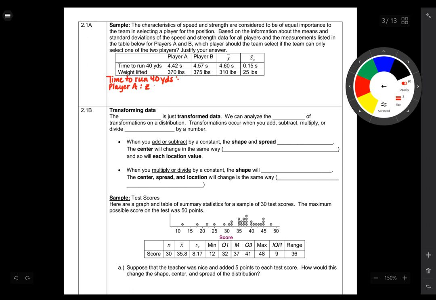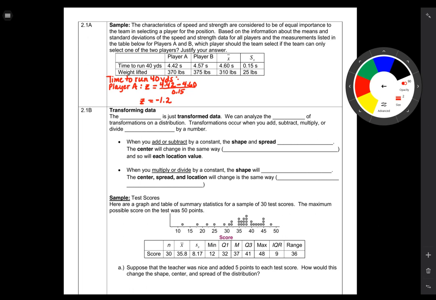Okay, so the z-score is 4.42, that's the time run, minus the average, and this is player A's average, is 4.60 based on the table, divided by the standard deviation, which is 0.15. So player A's z-score is negative 1.2.